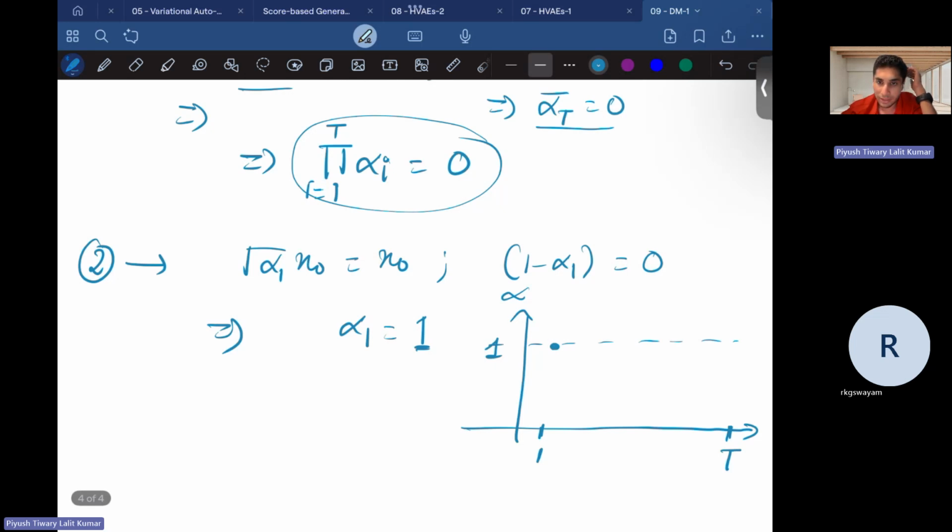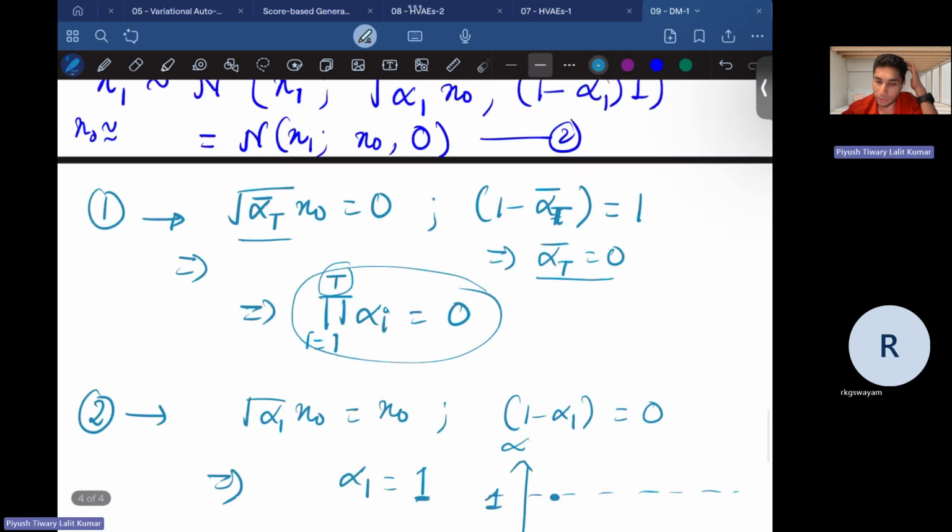If we keep multiplying a large number of fractional values, it will go to 0. So there are two things. One is that just one of the alpha i's should become 0. In that case, the whole product is 0. But we don't want that.